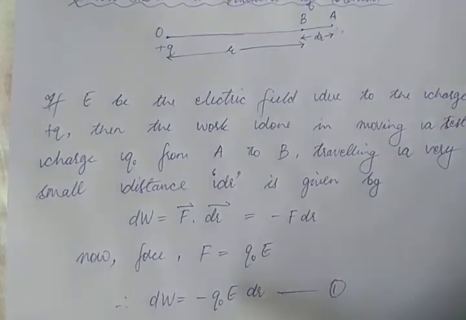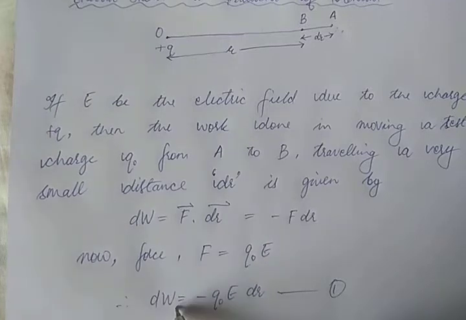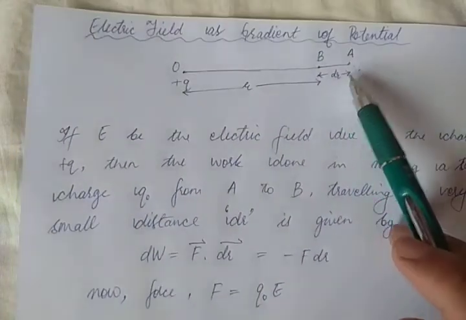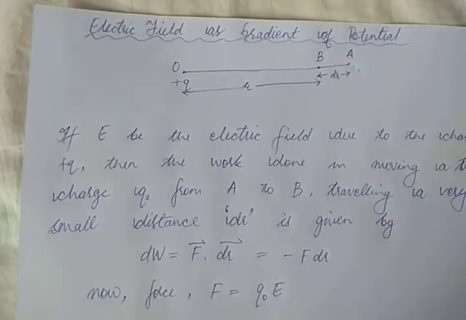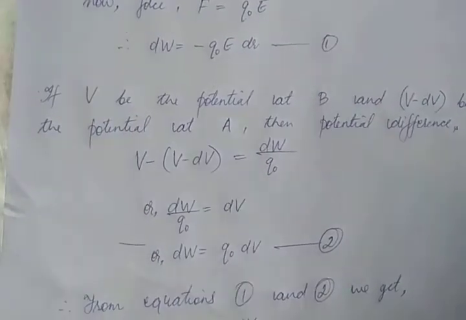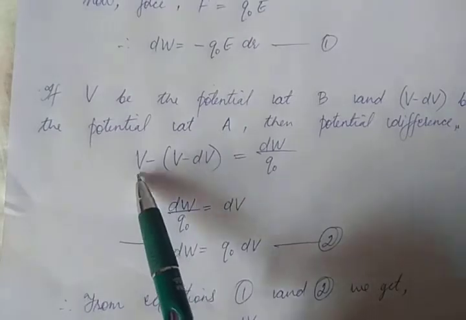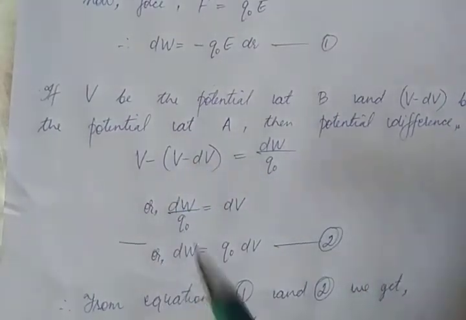We've already seen that dW amount of work is to be done to move charge Q naught from point A to B. So the amount of work needed to move a unit charge is dW by Q naught, and that is exactly what the potential difference between point A and B is.